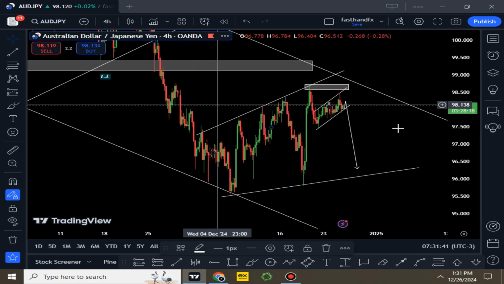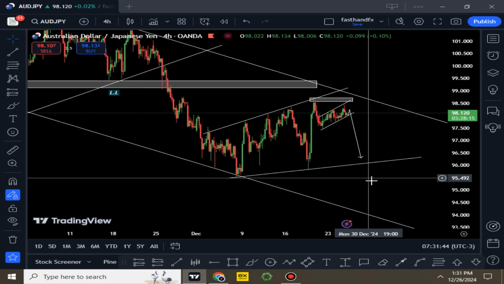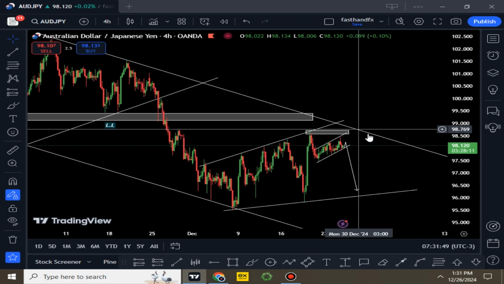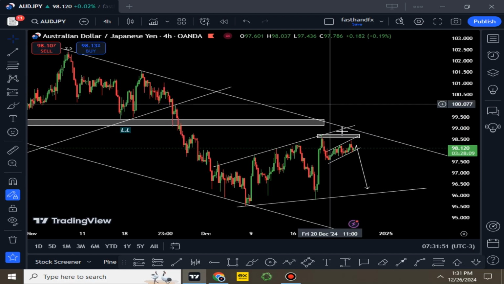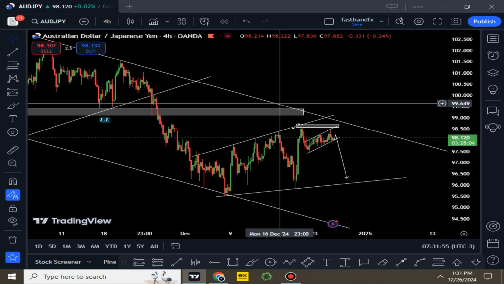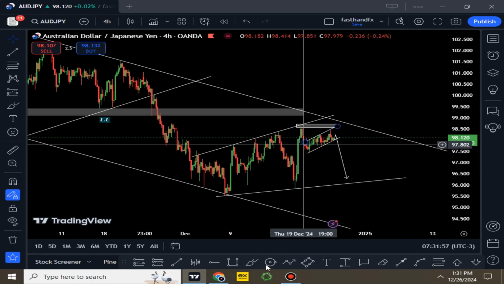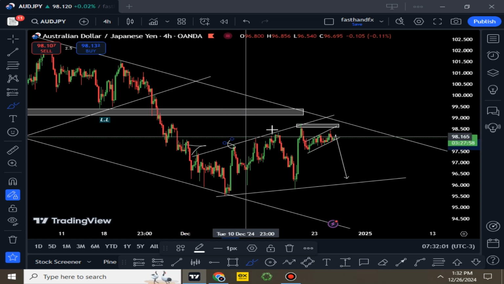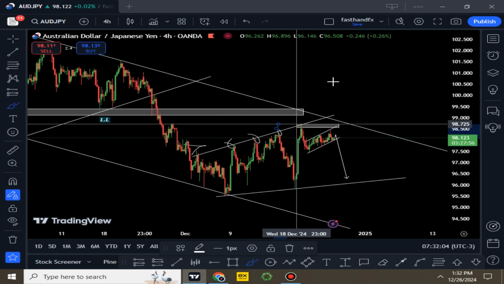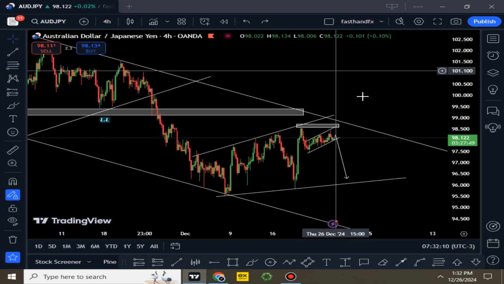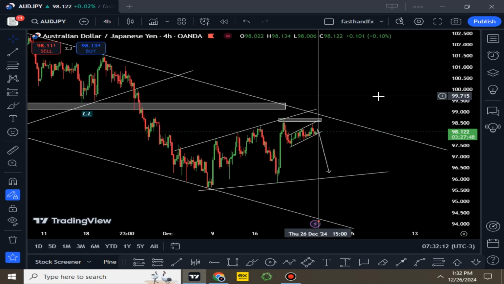If you look at this JPY, we understand the market almost wanted to give us that touch right here, but then we see price hit this trend line of ours. Look at this, we've had 1, 2, 3, 4, 5, so 5 times the market has been respecting that trend line, kind of telling us that level is strong.